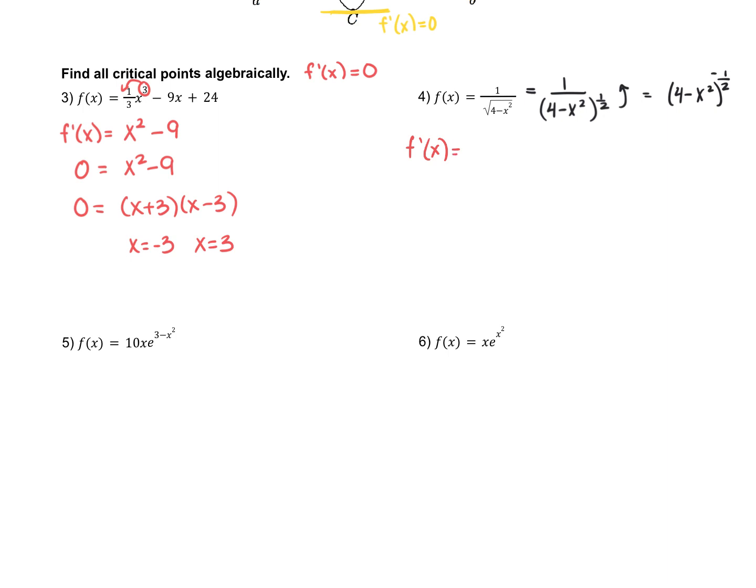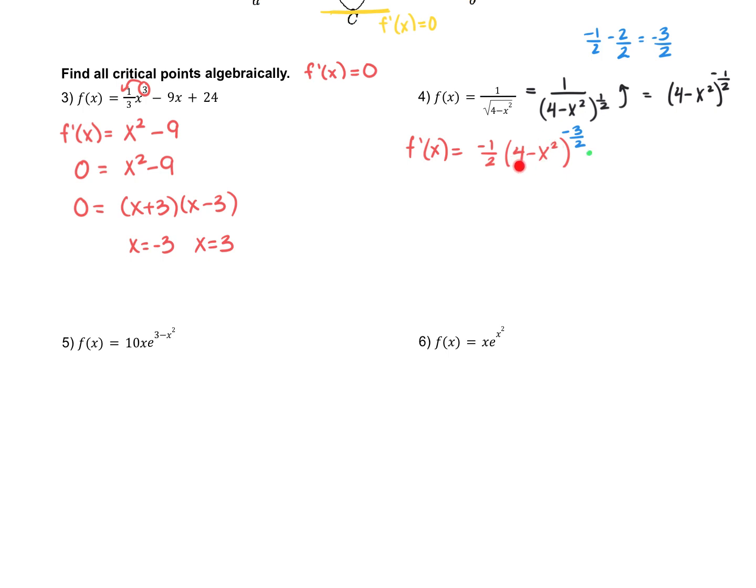So in here, we're going to do a nice chain rule. We're going to take the negative 1/2, bring it in front, keep the base, so keep the 4 minus x squared, and then we're going to decrease this power by 1. So negative 1/2 minus 2/2 is negative 3/2. And in true chain rule fashion, we must always take the derivative of the inside.